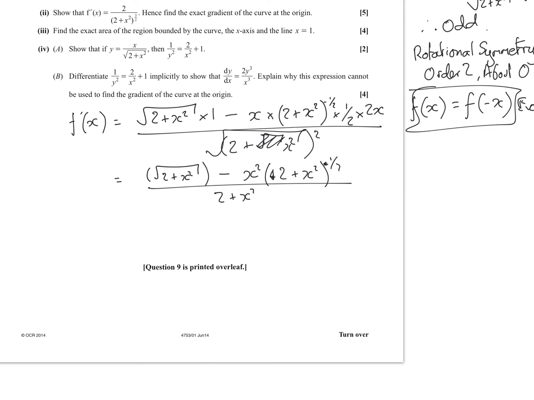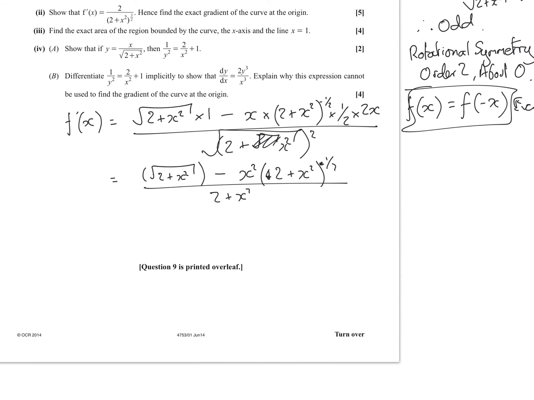What have I got to do to the top and the bottom to get the denominators to match? What have I got to do? Times it by 2 plus x squared to the half. I've got to times the bottom by 2 plus x squared square rooted, because I want to get 3 over 2.